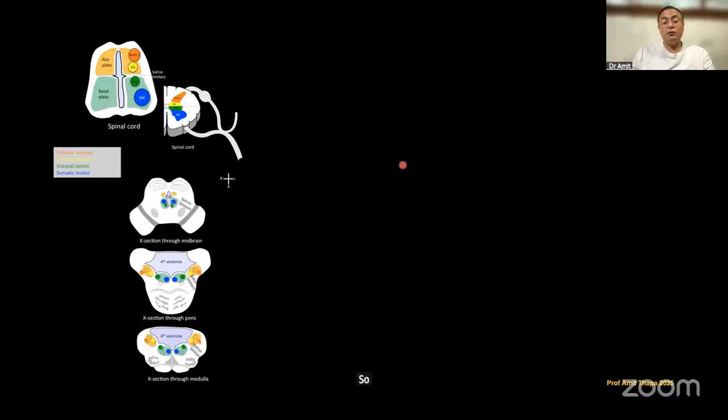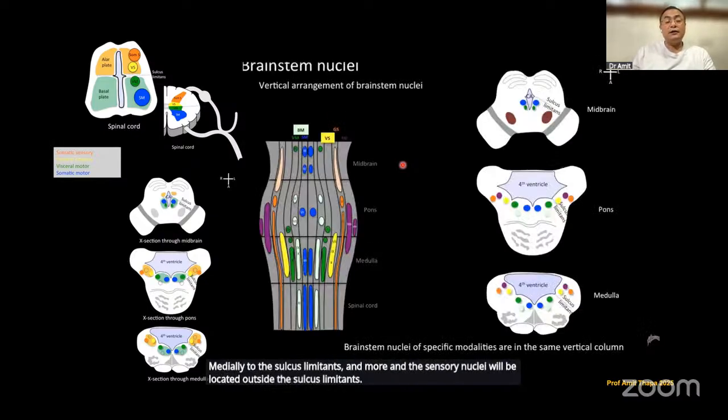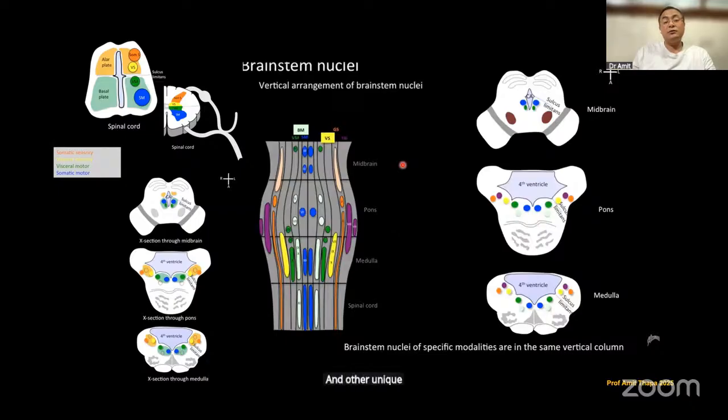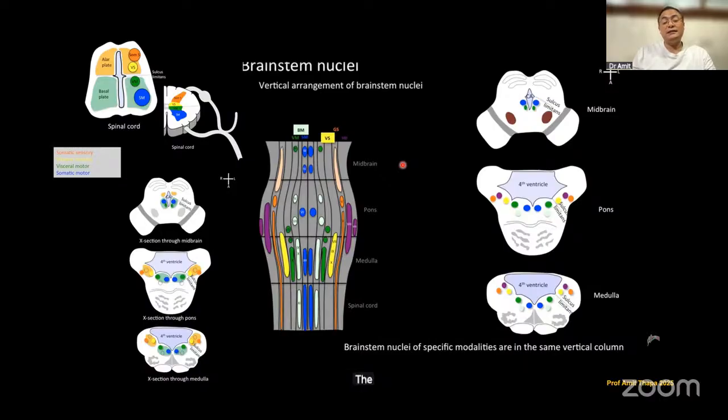So keep in mind, all the motor nuclei will be arranged medial to the sulcus limitans, and the sensory nuclei will be located lateral to the sulcus limitans. Another unique characteristic of this nuclear arrangement is the vertical arrangement of the brainstem nuclei. The brainstem nuclei of specific modalities are arranged in the same vertical column.